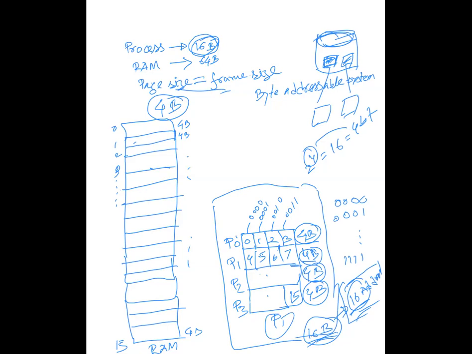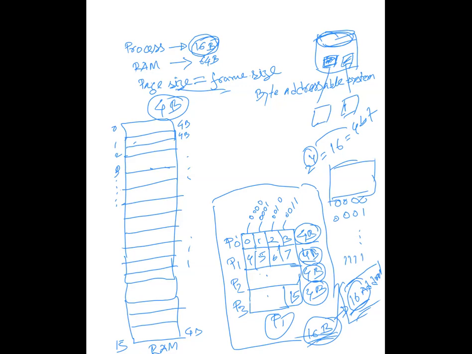If you open another program, let's say Photoshop, there will also be another page table your operating system needs to maintain. It should be unique for each and every process. Each process needs a page table.